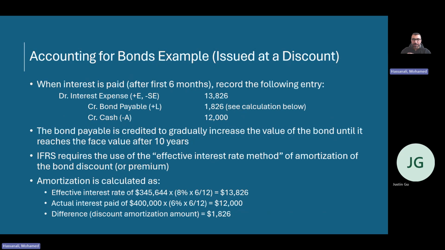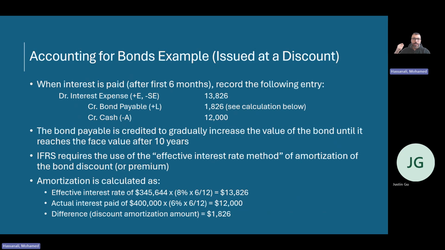If you were to use ASPE, which is the alternate method, like a simpler version of accounting, you could use straight line interest rate amortization, which I will show you in an example question later. For this method that I'm showing you on this slide, we're talking about the effective interest rate method. So that's just something you want to keep in mind.